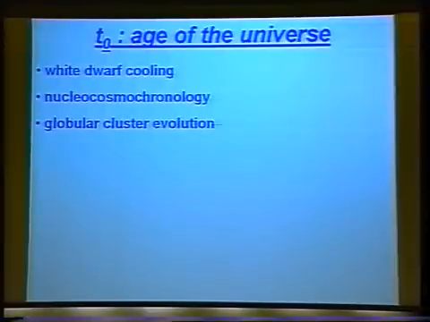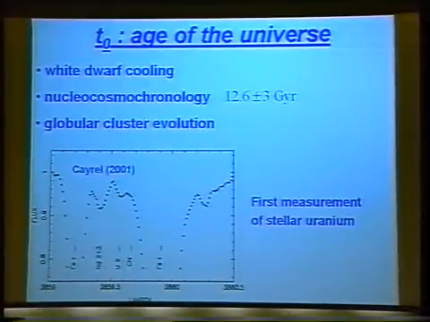By measuring the present temperature distribution of white dwarfs in our galaxy, we can estimate how long ago white dwarfs started cooling. It's also determined by nucleocosmochronology, by looking at the abundance of elements, and by globular cluster evolution. In the past year or so, there have been some advances in nucleocosmochronology and globular cluster evolution.